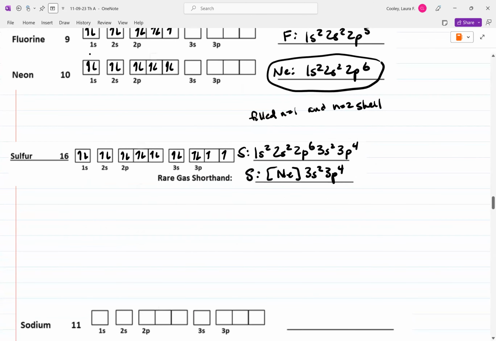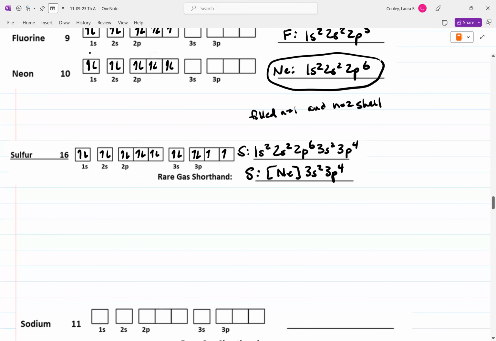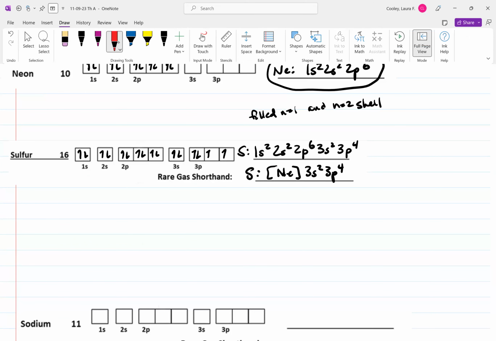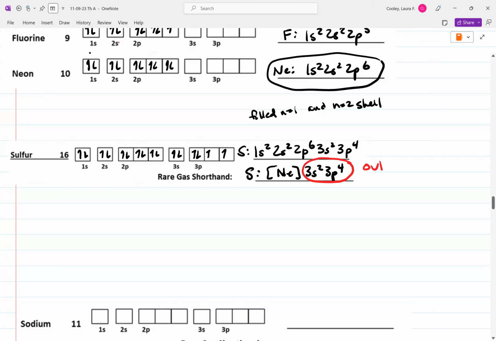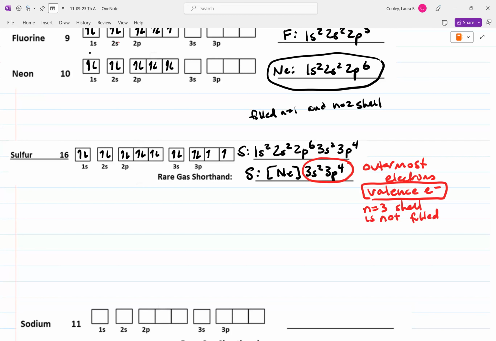Now, I want to point something else out to you about that. I'm going to use this sulfur as an example. These are the outermost electrons. We have a word for them. We call them valence electrons. These are the electrons in the last shell that is not filled. So the n equals 3 shell is not completely filled, so all these electrons in the n equals 3 shell are valence electrons.